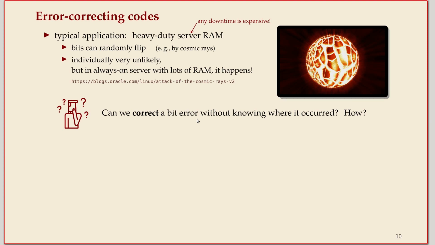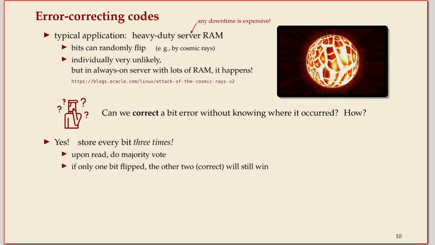I asked you to estimate how much extra memory you need to do that. Here's a simple thing. Simply take every bit and store it thrice. Whenever you see a 0, you actually store 0, 0, 0. When you see a 1, you store 1, 1, 1. Now suppose a single bit flips.